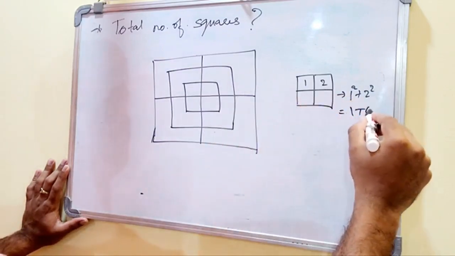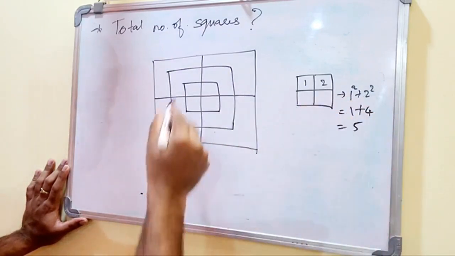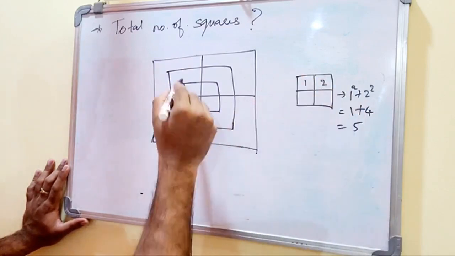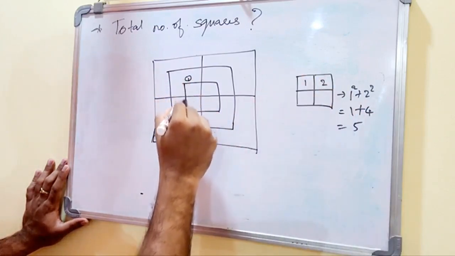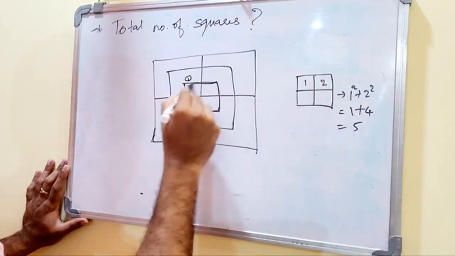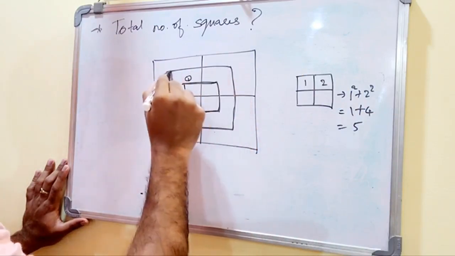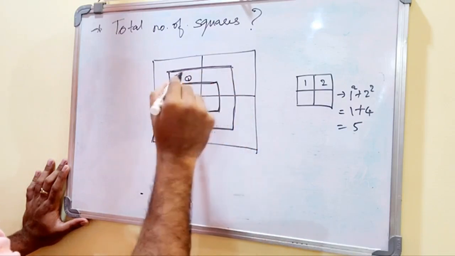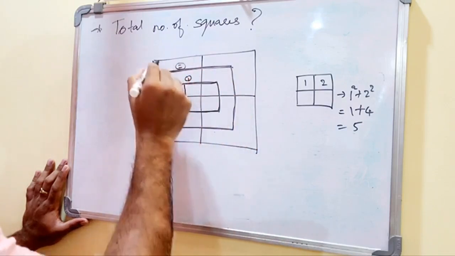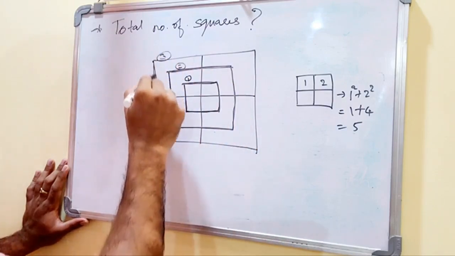That is 1 plus 4 is equal to 5. So how many squares of this kind are there? This is 1 square, this is another one, same nature but bigger in size. This is the third one, this square.